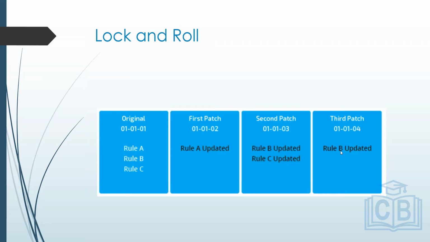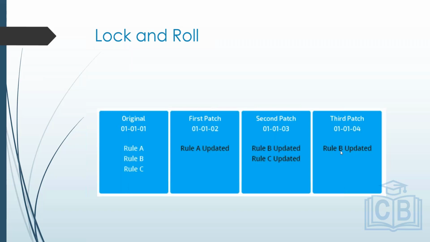Now, what is the version of Rule A that the system would pick? Would it be from the original patch, second patch, or third patch? For A, it will be from the first patch.